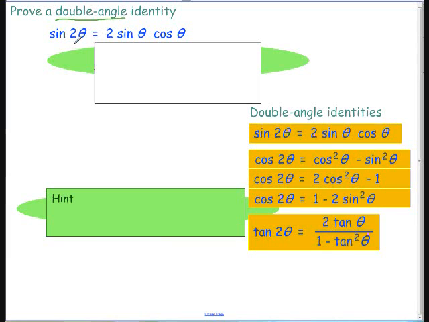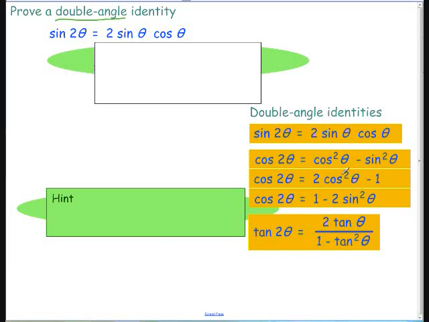We're going to prove the double angle identity. You'll see all the double angle identities right here. We've got the sine of double theta. Cosine of double theta is pretty interesting. You actually get 3 identities. You get your choice. So if you happen to know both cosine theta and sine theta, I'd use this one.